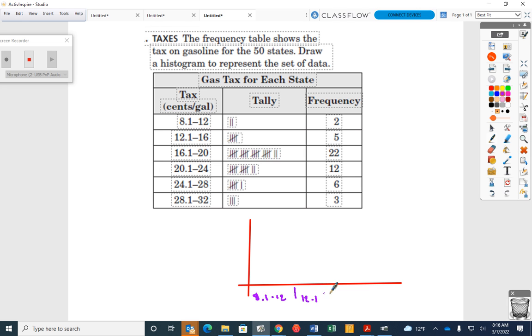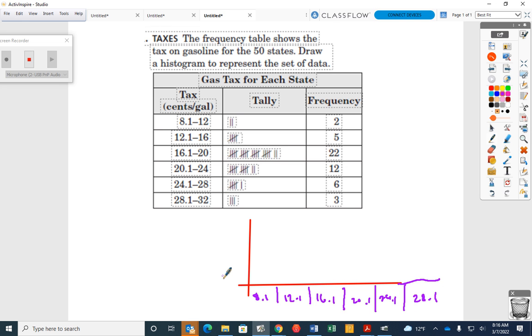I'm just going to put the first parts, because otherwise that's going to be a huge one. 8.1, 12.1, 16.1, 20.1, 24.1, and 28.1.